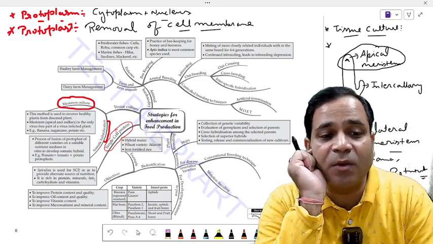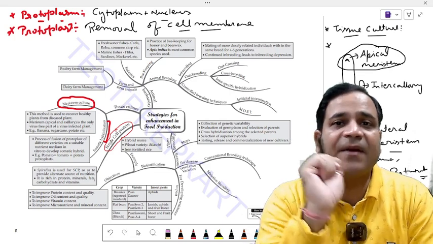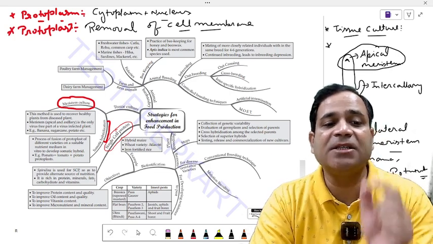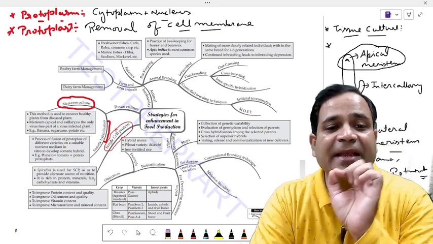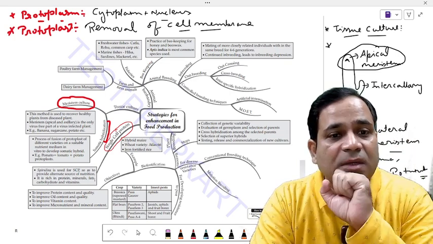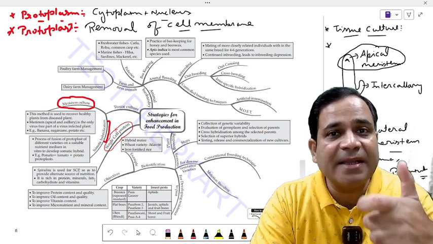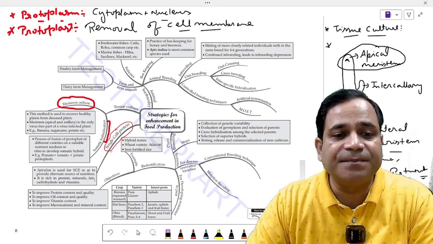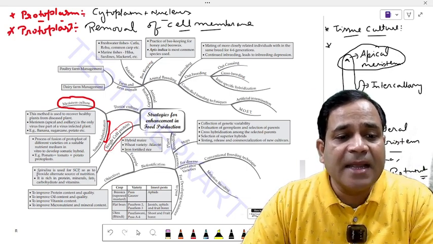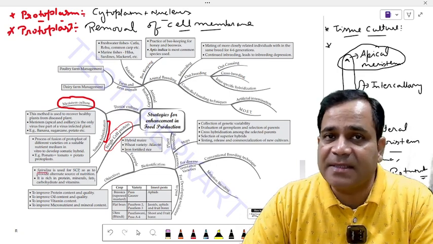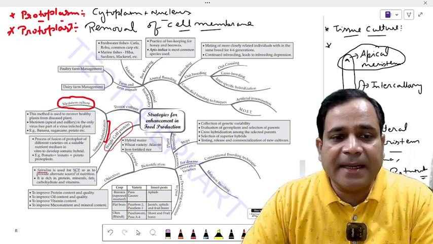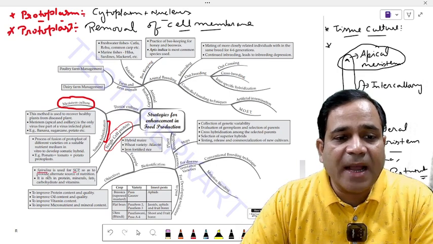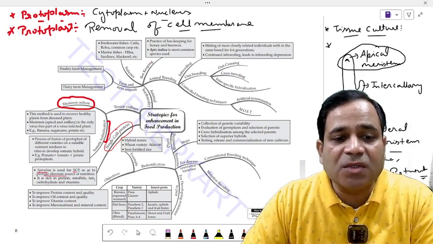Now if I'm saying single cell protein, you might have heard the name of Spirulina. See, Spirulina is used for SCP, that is, single cell protein. So if anybody asks you which one thing is used as a single cell protein, then you say Spirulina, my dear. It is used for SCP so as to provide an alternate source of nutrition.